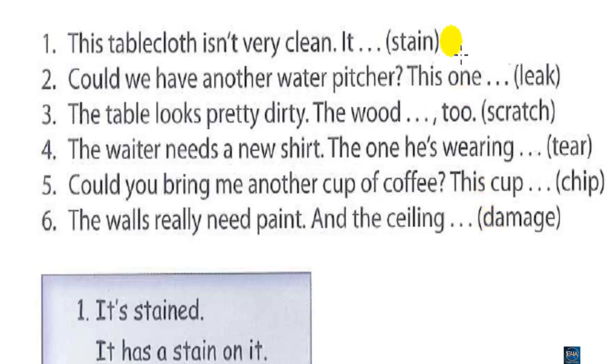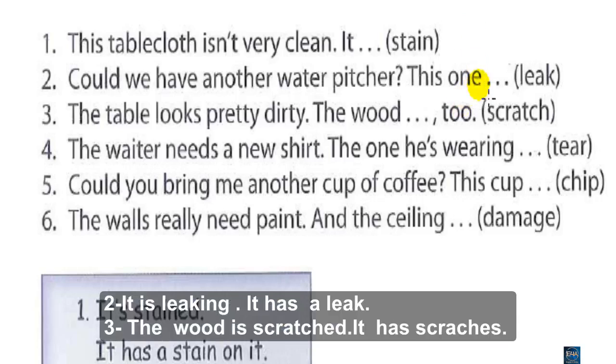So again, the answers: number one, it's stained. It has a stain. Number two, this one is leaking. This one has a leak. Number three, the wood is scratched. It has a lot of scratches.